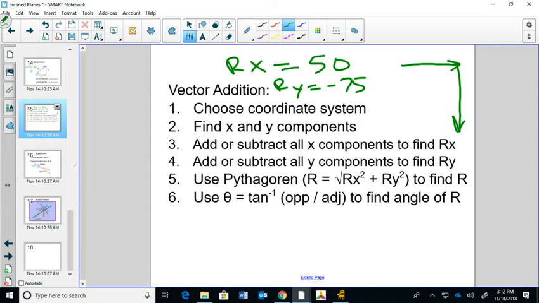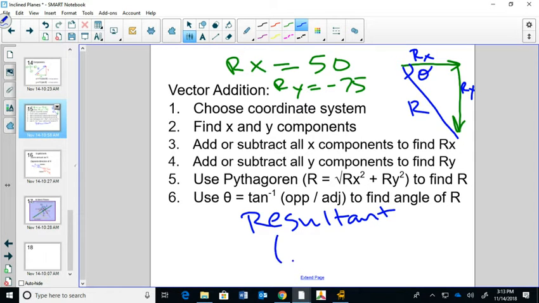And then this would be my R, and this would be my theta. This would be Rx, this would be Ry. Does it make sense? I simply then use Pythagorean to find R, and I use the inverse tangent to find theta.